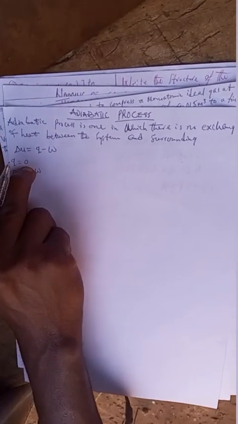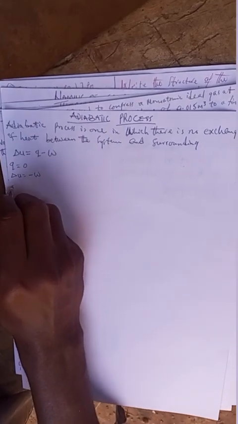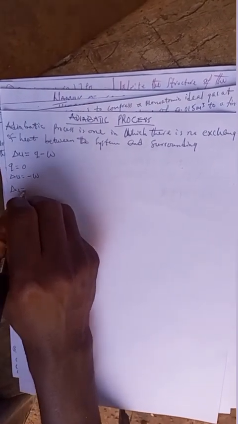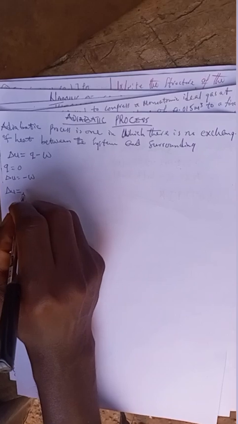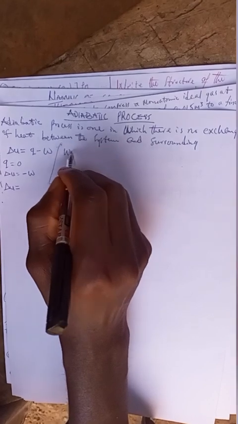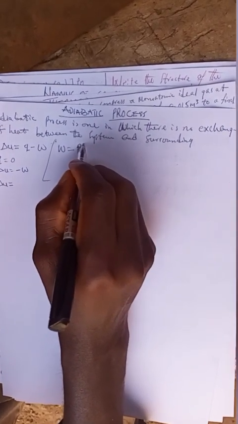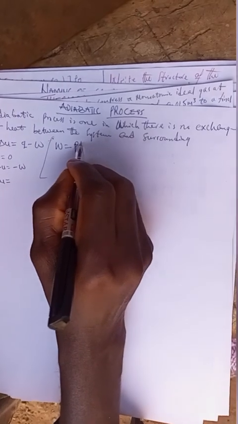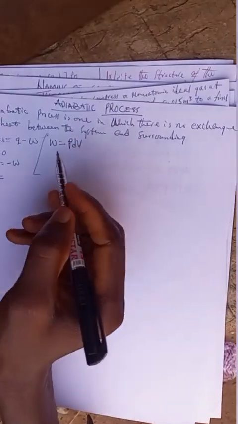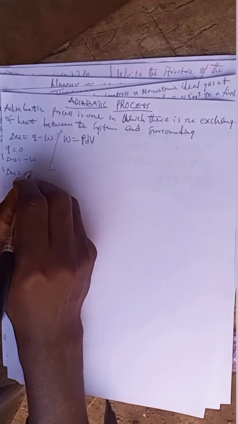So from here, we can prove this formula further by saying that delta U is equal to... don't forget that W is equal to minus, or let's say P delta V or dV. So now we can substitute for W in this formula by saying minus P dV.